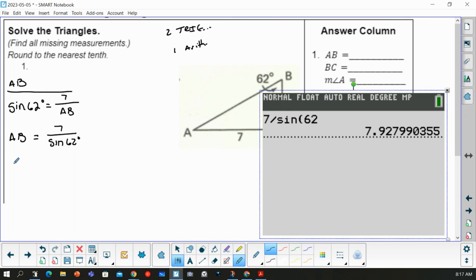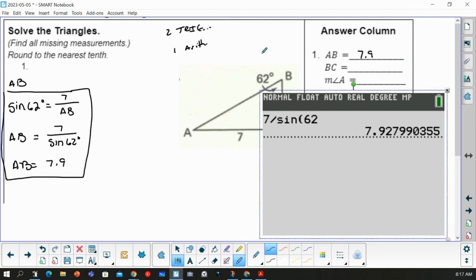So AB equals 7.9. There I found side AB using trig. So I write it over here, 7.9.